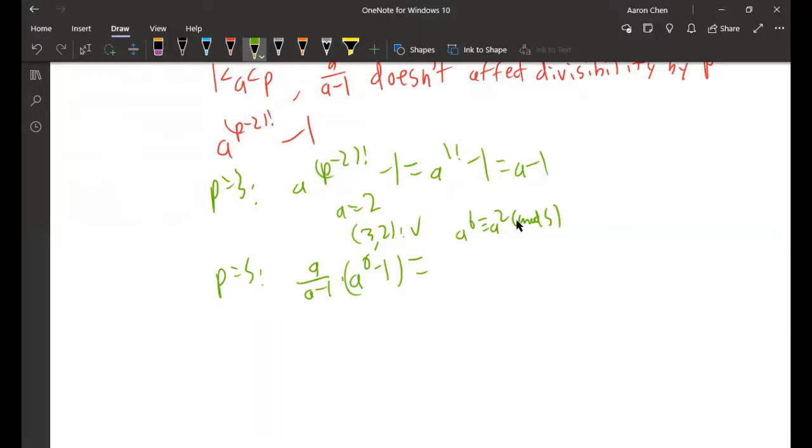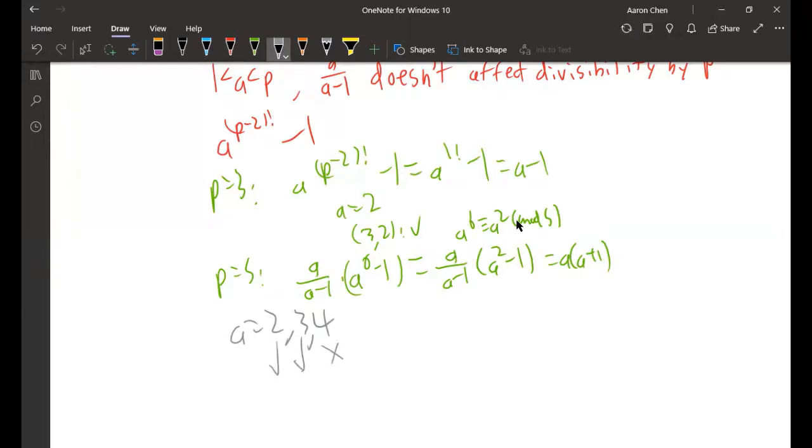And so this is equal to A over (A minus 1) times (A squared minus 1). And we can simplify this into just A times (A plus 1). And so next, if we test A equals 2, 3, or 4, then we can see that 2 and 3 work, but 4 fails. And so that means that (5, 2) and (5, 3) are both solutions.